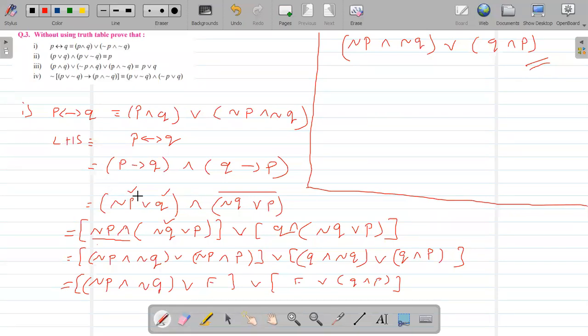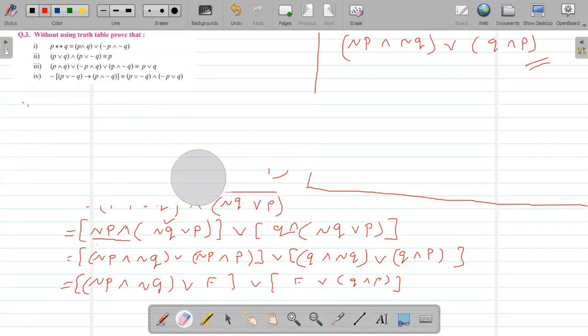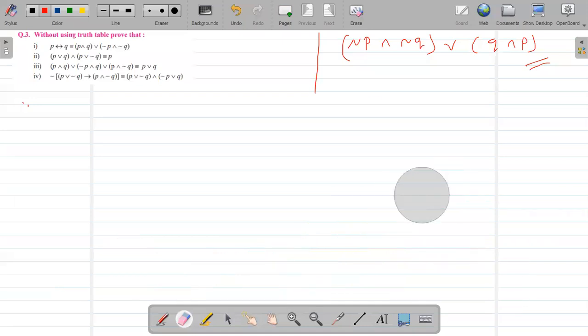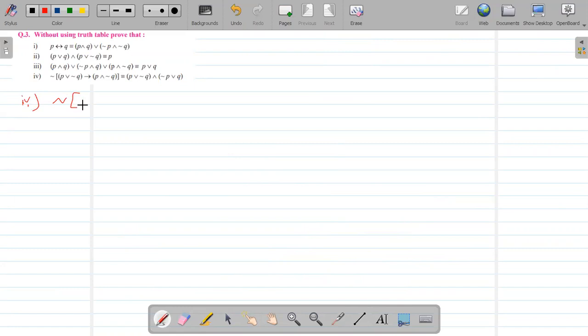So I think we shall move on to the last question of your chapter, and then the entire chapter will be finished. So I'll rub this part. In the very next question, question number 4: outside there is a negation sign, then the square bracket, P or negation Q implies P and negation Q, square bracket close.